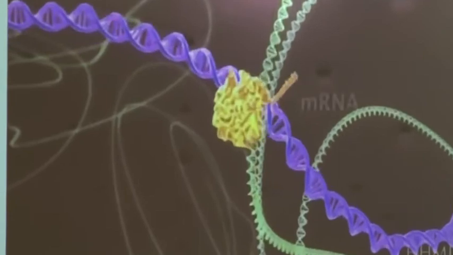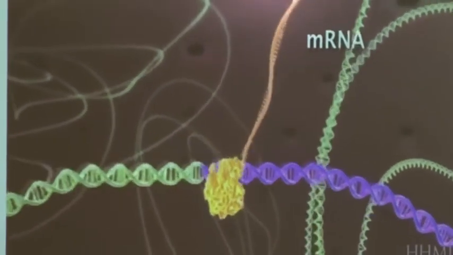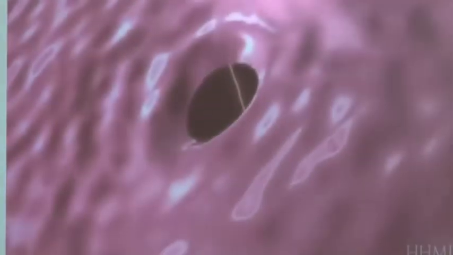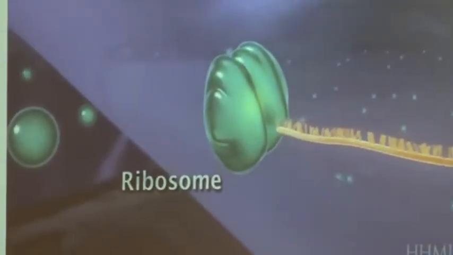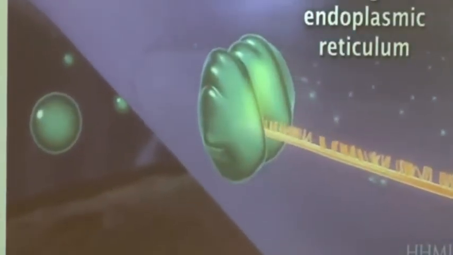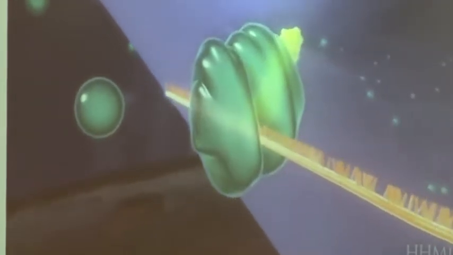Now, RNA polymerase comes along and makes messenger RNA. Transcription there. Those messenger RNAs encode for different viral proteins. They end up associating with ribosomes. This is translation out in the cytoplasm. There's the ribosome.